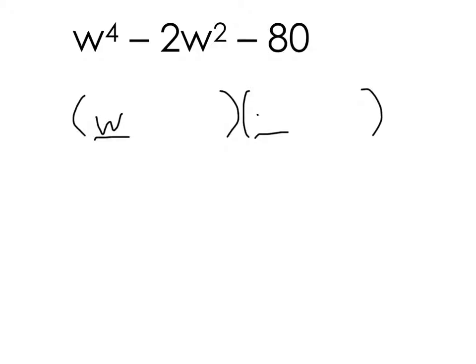We need a w, but what exponent do we raise w to so that we will get w to the fourth power for our first term and negative 2w squared for our outside plus our inside? It's got to be w squared. W squared times w squared will give us w to the fourth.